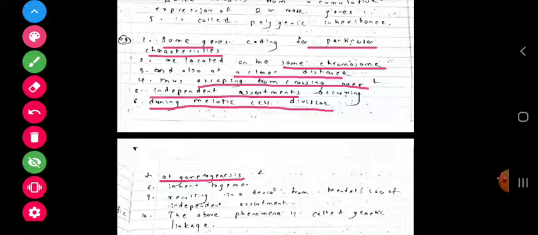What happens is that finally they are inherited together as a unit, resulting in a deviation from Mendel's law of independent assortment. The above phenomenon is called genetic linkage.